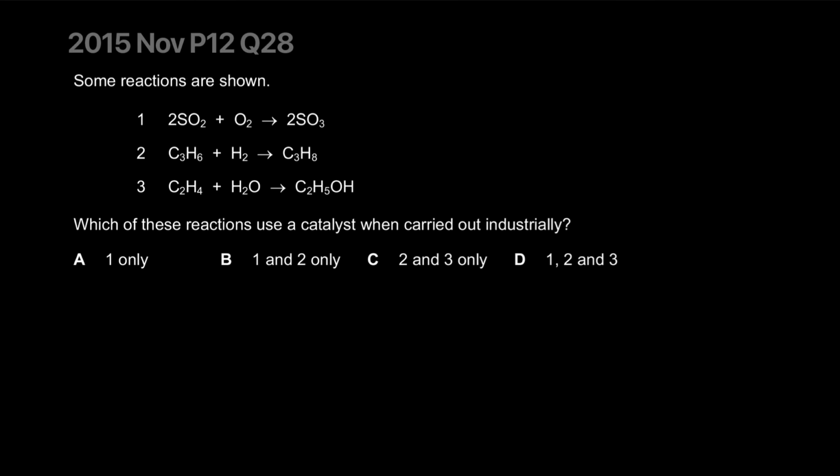All right, some reactions are shown, and they're talking about catalysts. So sulfur dioxide turning into sulfur trioxide is part of the contact process, and the correct catalyst over here is vanadium(V) oxide. Number 2, that is reduction of an alkene to an alkane.